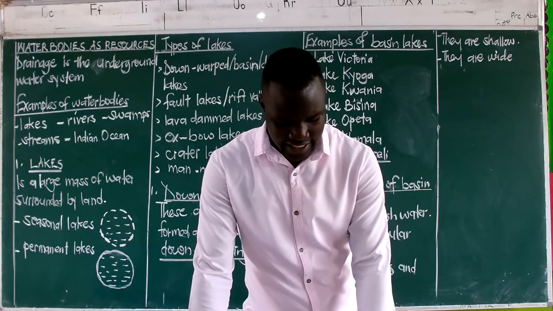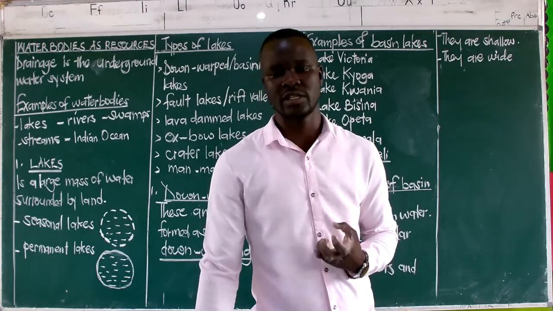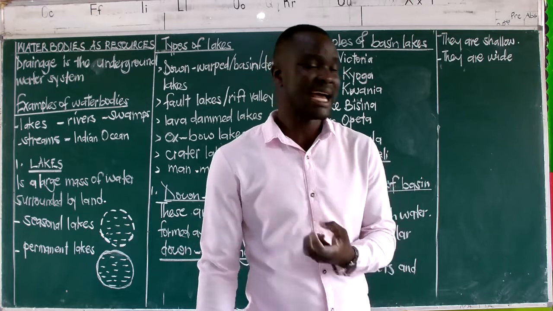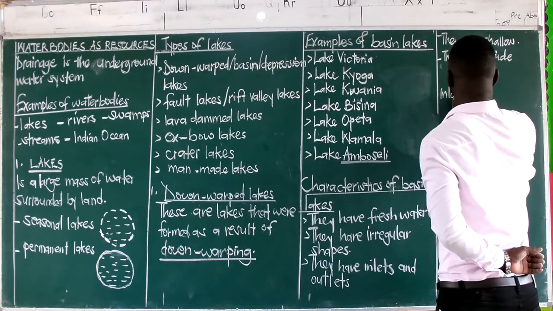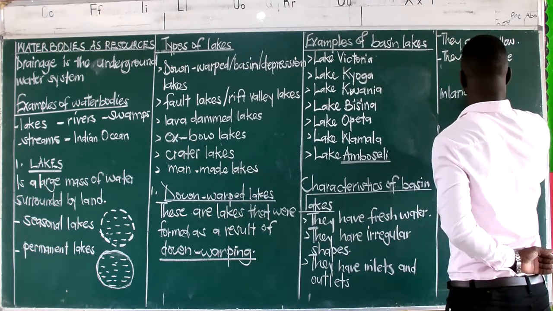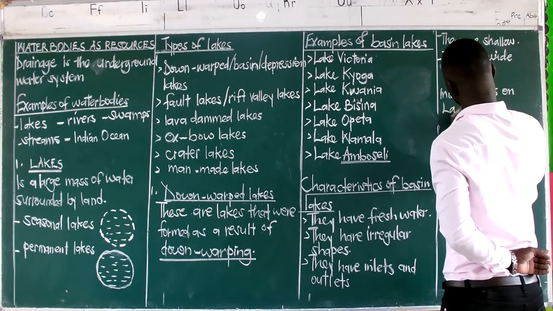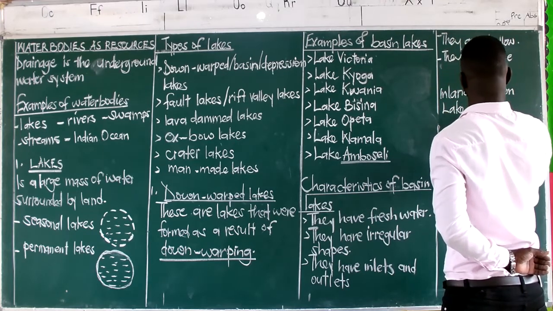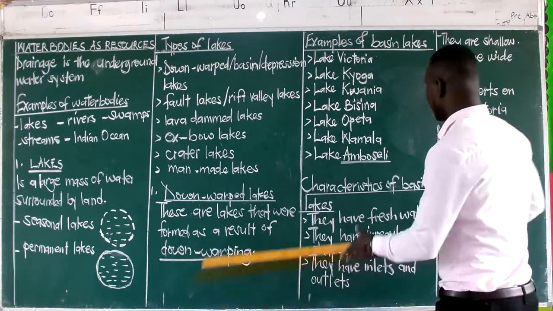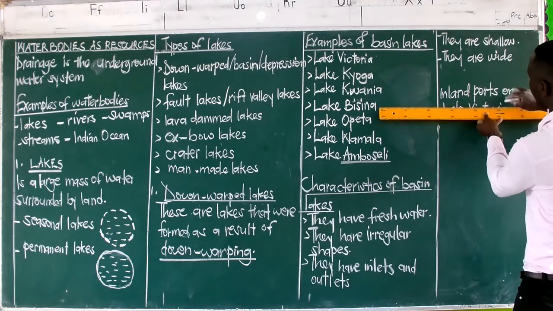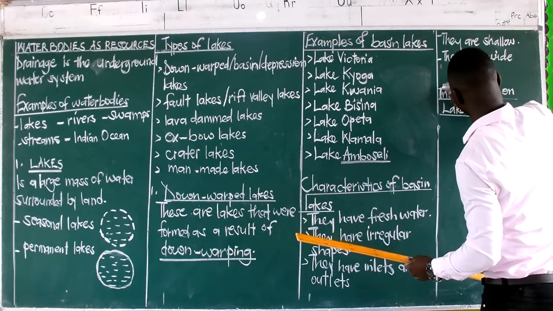We also have a map which gives us the inland ports on that lake. Now, when we talk of inland ports on Lake Victoria, we need to have understood the meaning of a port, which I believe we learned in primary 5.